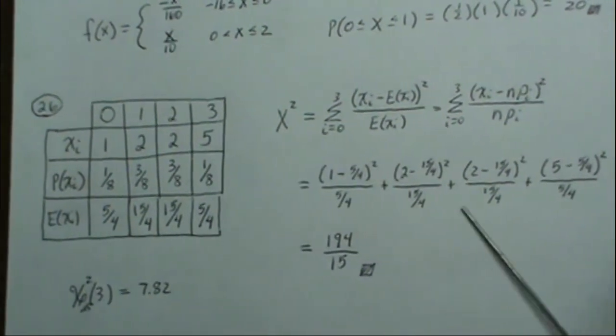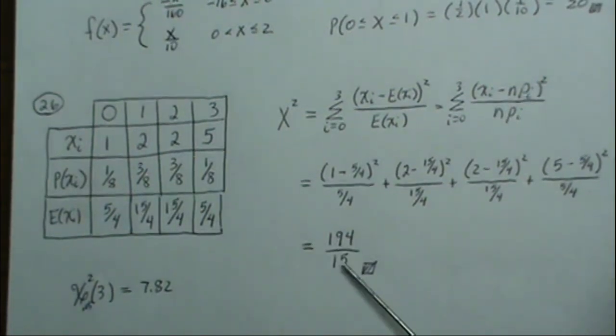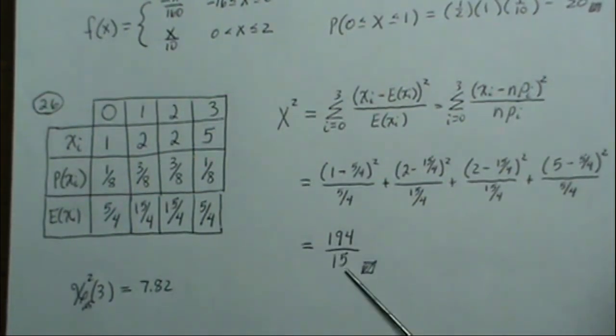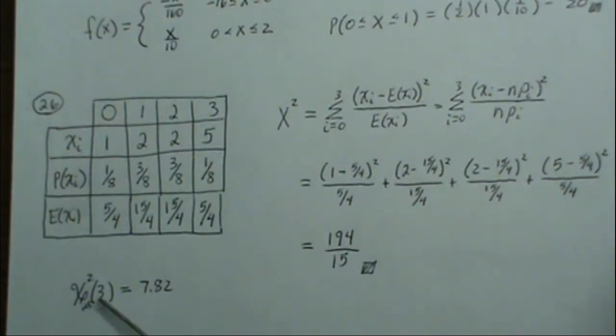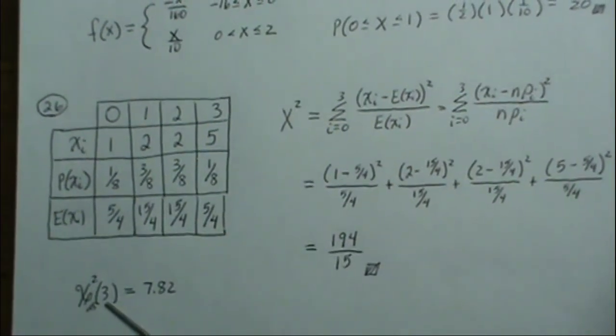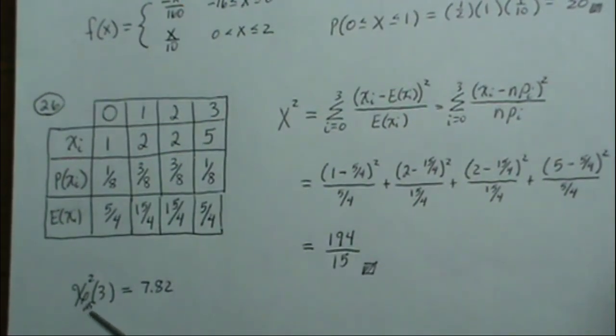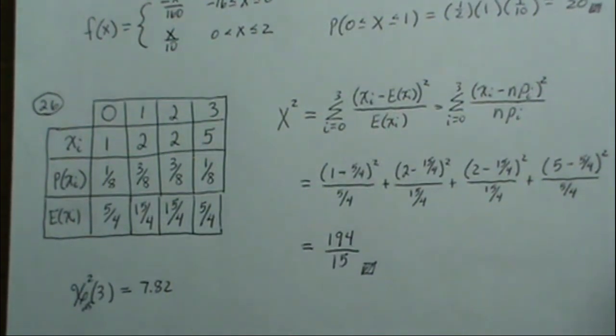So we write out the sum using this formula, and that all boils down to 194/15. And the rejection region, with 1, 2, 3, 4 categories, so it's k minus 1, so it's 3 degrees of freedom. We want the right tail area of 0.05. We look in the chi-square table and the critical value is 7.82.